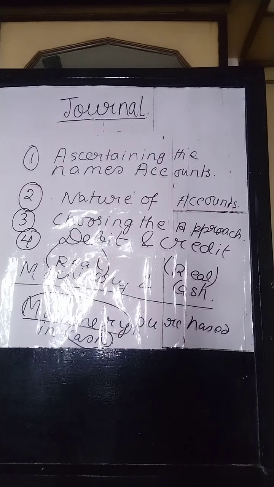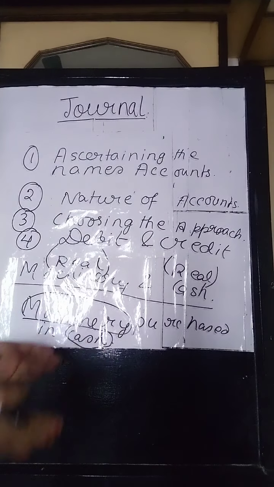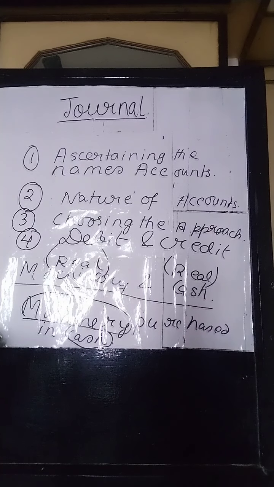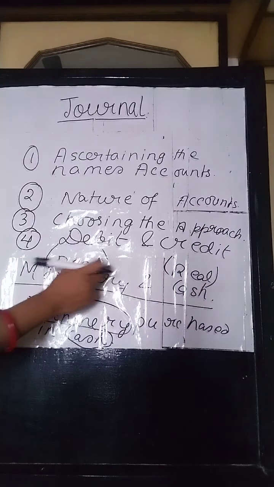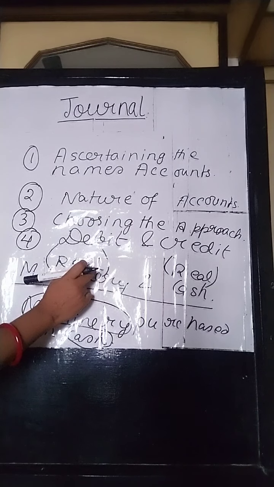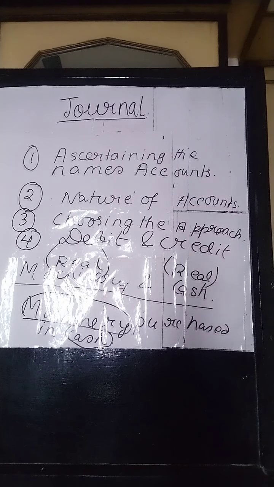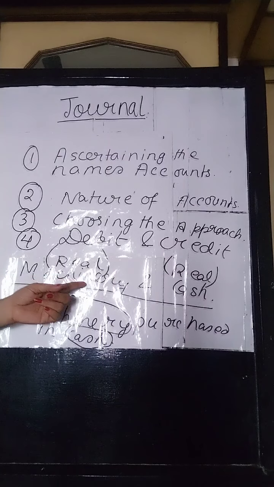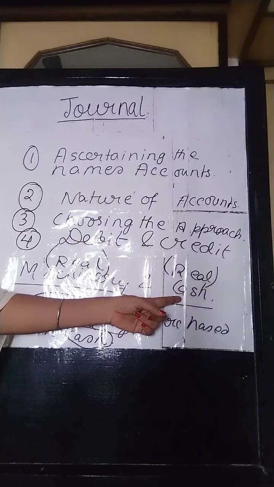Following the golden rule, we see which types of account are involved. Real account is involved, so the rule is what comes in and what goes out. Here machinery comes in and cash goes out. So machinery will be debited and cash will be credited.